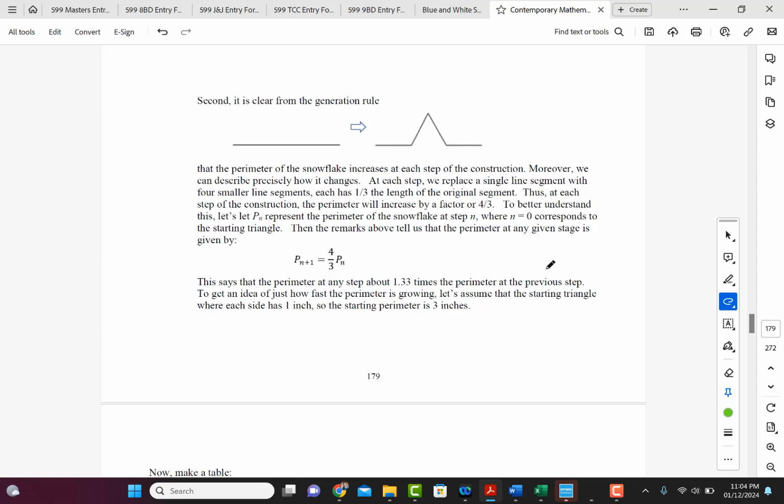That's what I was getting into at the beginning. Thus, at each step of the construction, the perimeter will increase by a factor of 4/3. Because we have, let's say, one line segment is 3/3, right?